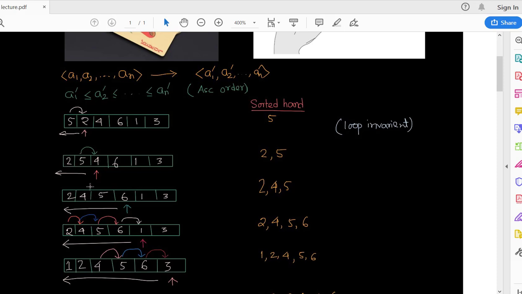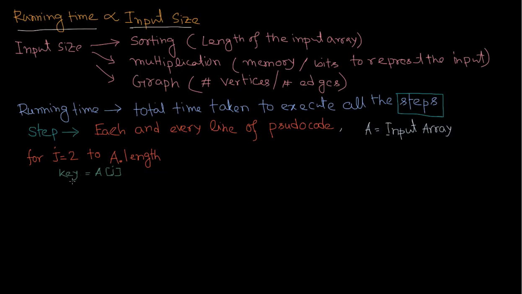That means for each loop iteration, the element we are working with is first stored in the key. That is what I have written here, a[j], the jth element of the array a.